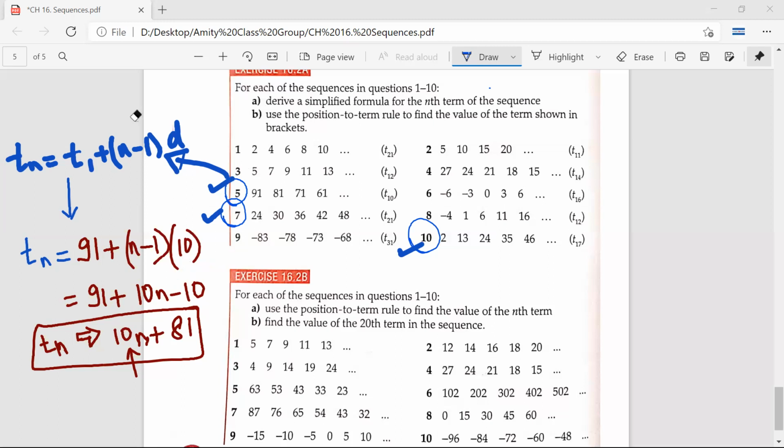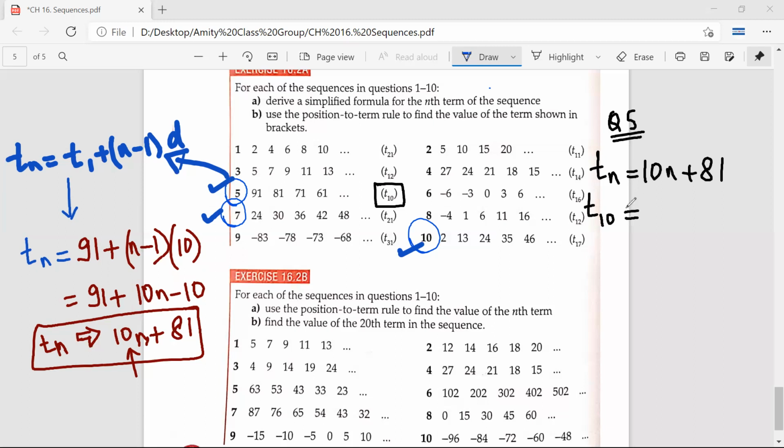Yeah. Okay. Sanviji, what is the answer you got? I got 10n plus 81. Shabash. So are we clear? How did we find 10n plus 81 for question number 5? Yes, sir. Okay. Now we have to find T10.